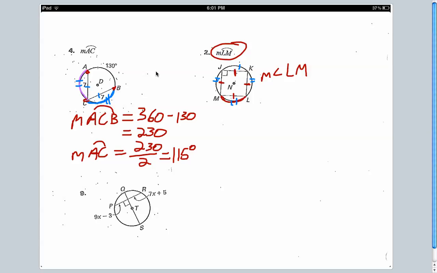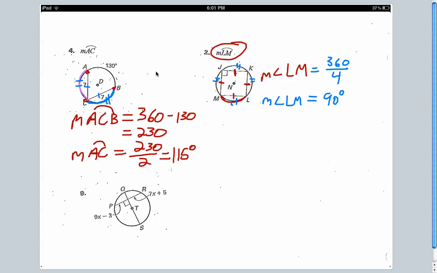So I've got 4 equal arcs. And so I can take 360, divide it by 4 equal pieces. The measure of arc LM must then be 90 degrees. Okay, let's move down to number 9 here.